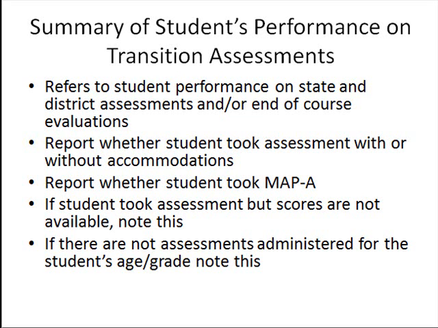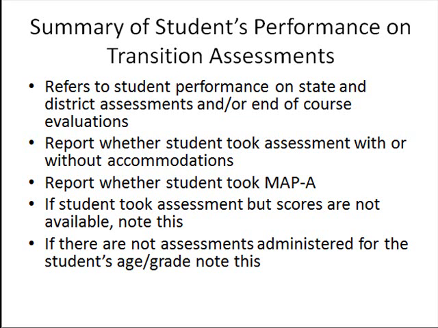MAP-A is reserved for those students with very significant disabilities that are not capable of participating in MAP, even with accommodations. When you look at the numbers, it's about 2% of the population. Most students take MAP with accommodations. There's a few students who take MAP-A, and you'll probably run into them at some point. But for the most part, students are taking MAP.